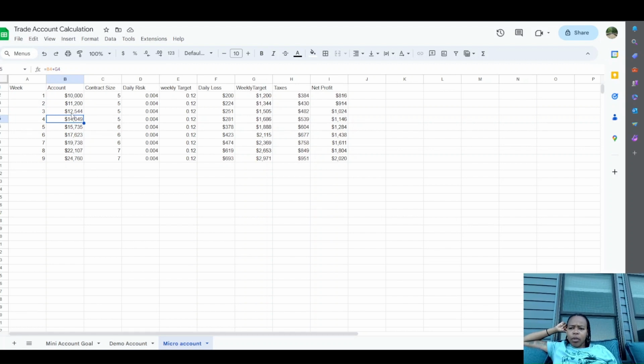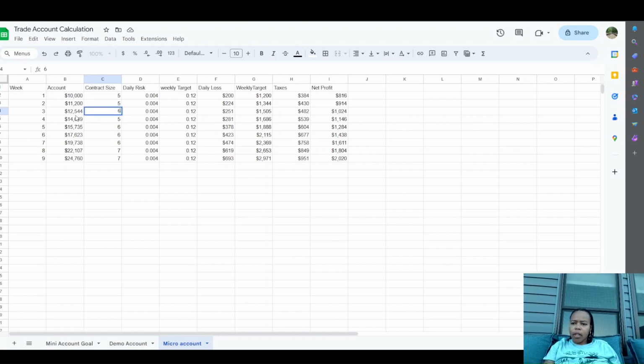Once I get to another 2,000 on top of the contract, I can move to 6 contracts. Then another 2,000 on top of that, I can move to 7 contracts. Then another 2,000 on top of that, I can move to 8 contracts.